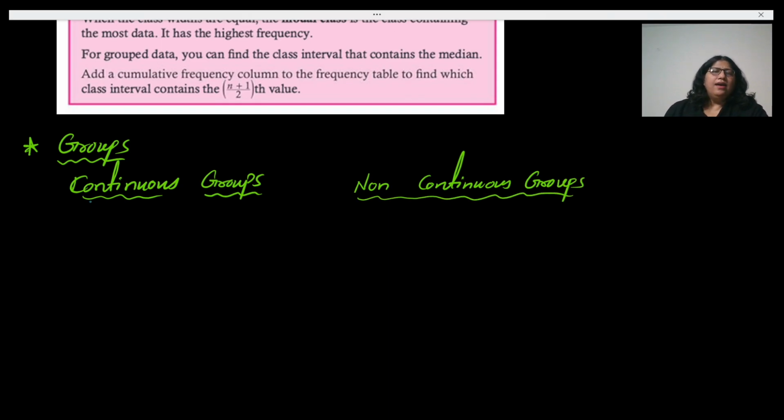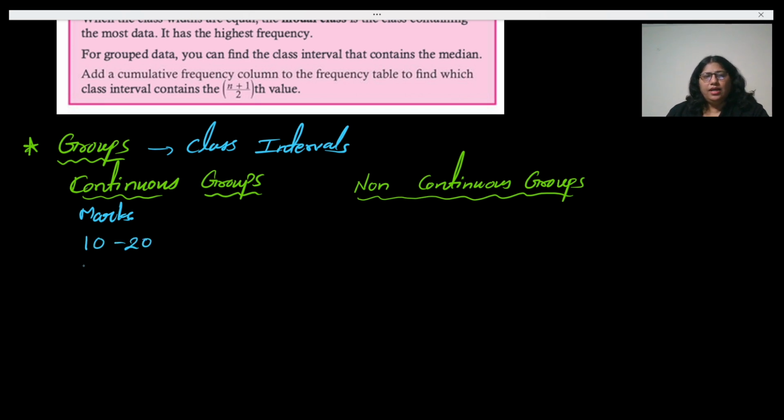We are talking about class intervals, right? Say I'm considering marks in different intervals: 10 to 20, then 20 to 30, then 30 to 40.